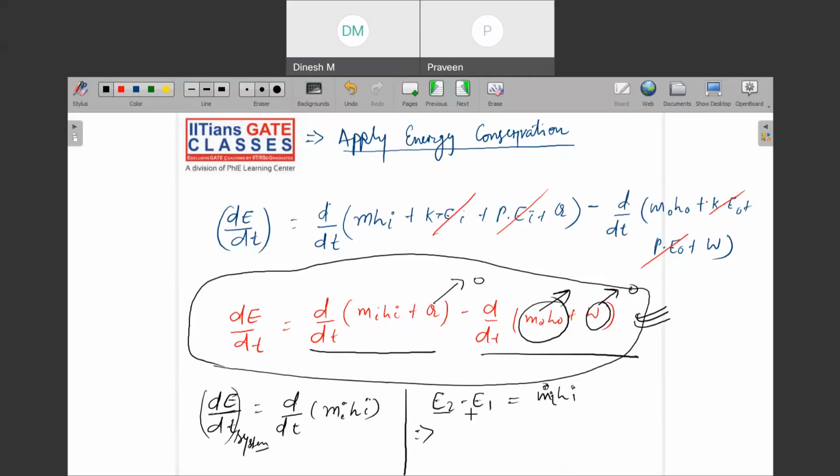So E2 minus E1: what is the energy of this chamber? Initially this is 0. And what is final? This is nothing but the energy stored as internal energy, not enthalpy.